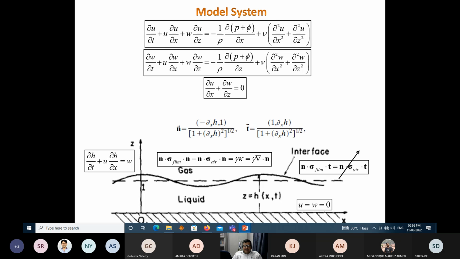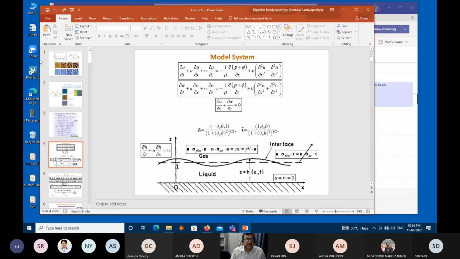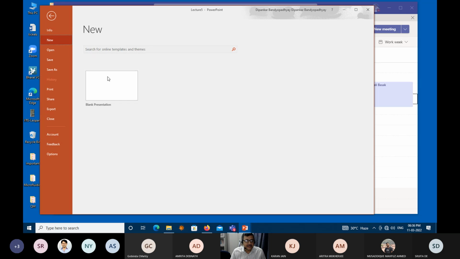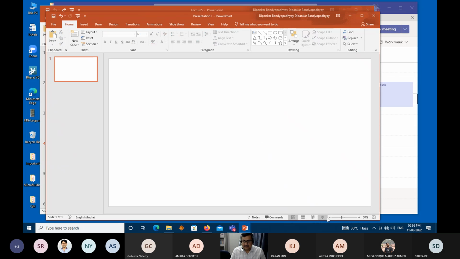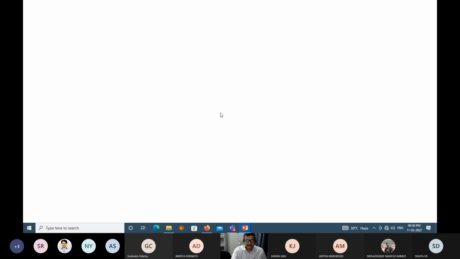And then I'm doing a very interesting thing here. At the interface, this requires a little bit of attention. How am I doing that? Say suppose this is my surface and suppose this is my film.